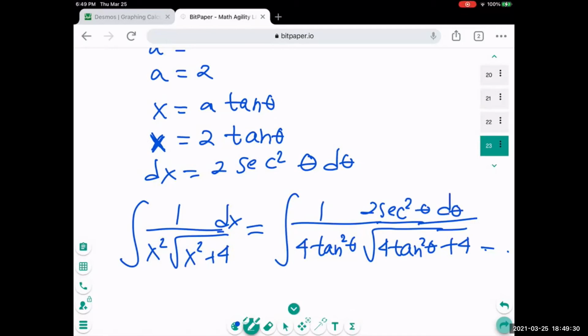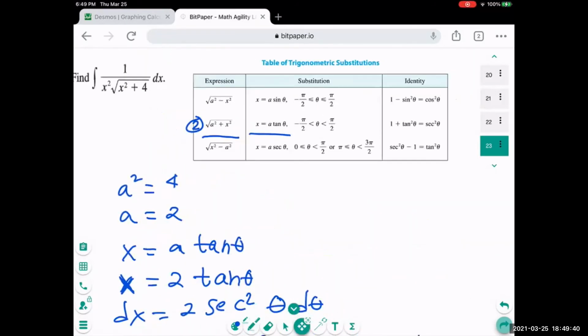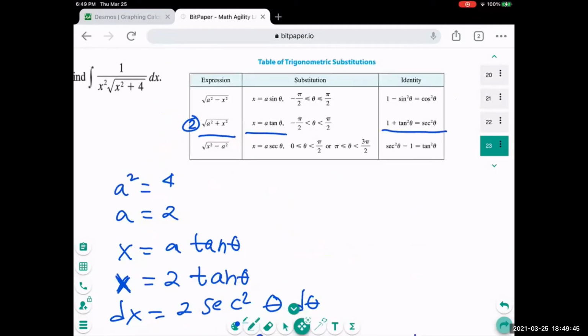So if you notice, again sa radical sign, we can factor out yung 4, and then tangent squared theta plus 1 is yung ating Pythagorean identity here, which is equivalent to secant squared. So let's do it.